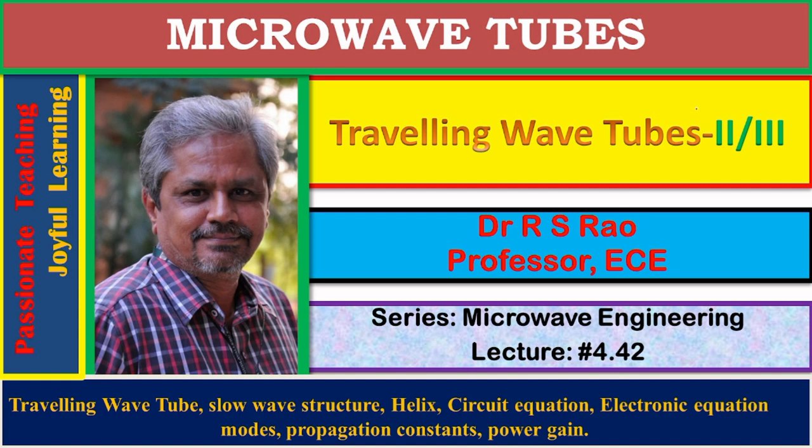A detailed description of the working of TWTs and two equations, the electronic equation and the circuit equation, which provide analytical relations for describing the interaction that exists between the signal and the electron beam. In the present session, we also consider the operating characteristics of TWTs.